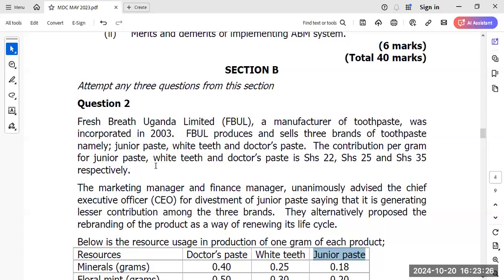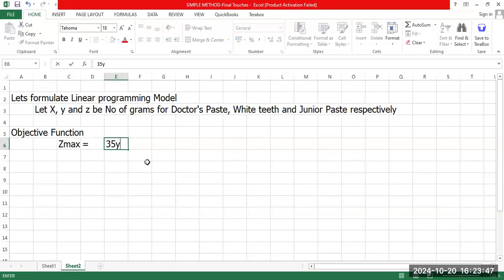Doctor's Paste is the last one. So this is 35x plus 25y plus 22z, and these are shillings.